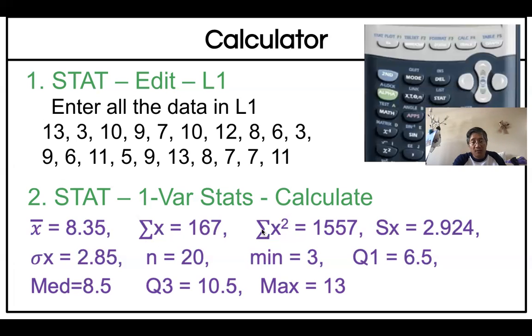What is this? Sigma x squared. So you square each number and add them all. You don't need to know this now, but when you go to pre-calculus or AP statistics, I think you need to know. You get 1,557.